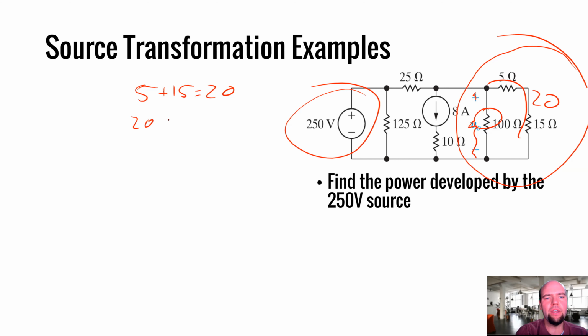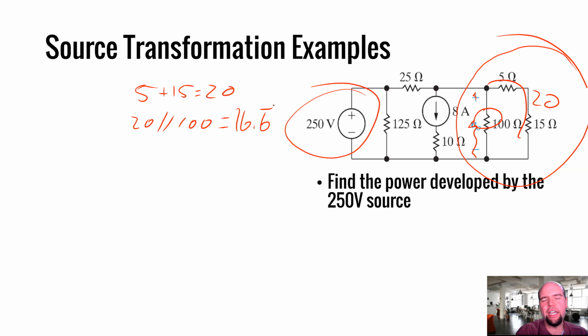So I have 20 in parallel with 100. That's 16.6 repeating, lovely.